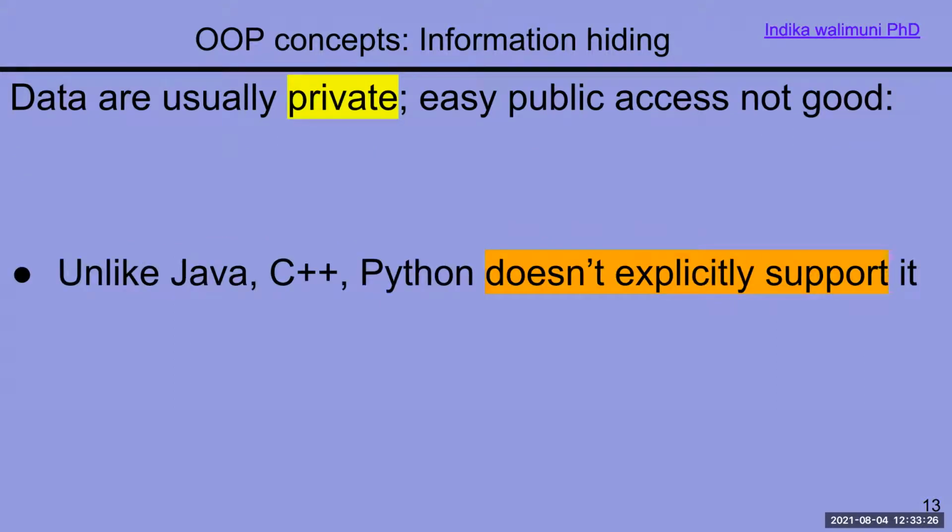Unlike Java and C++, Python doesn't explicitly support it. There are good reasons; that's how the Python designers thought about it. They decided to make the programmer more responsible, not the language. One can say that Java is more secure than Python.